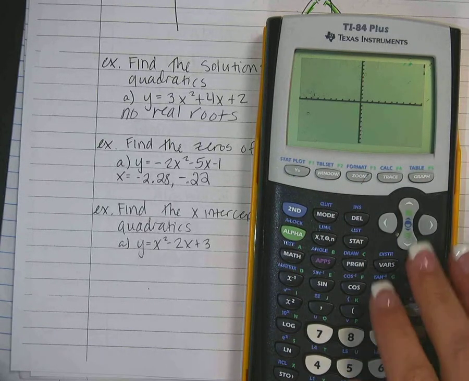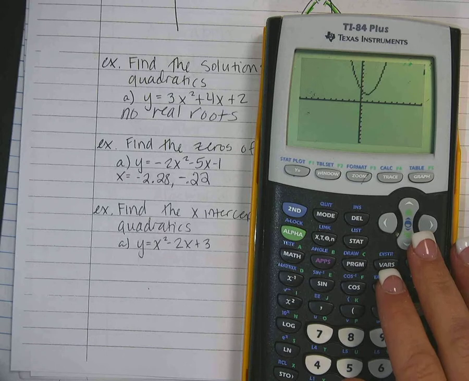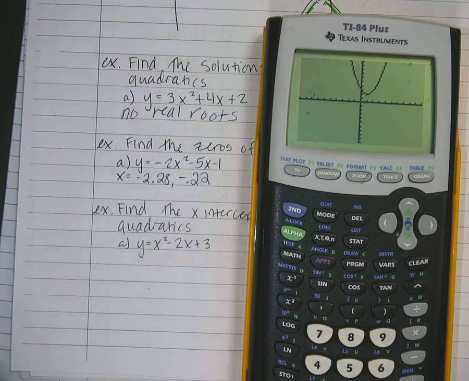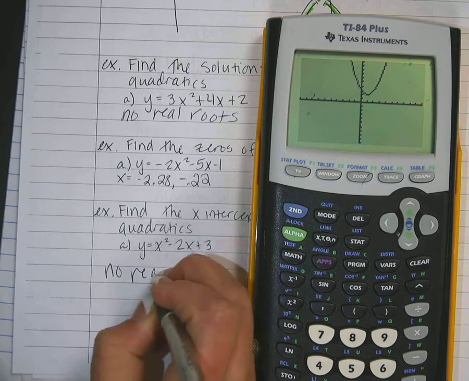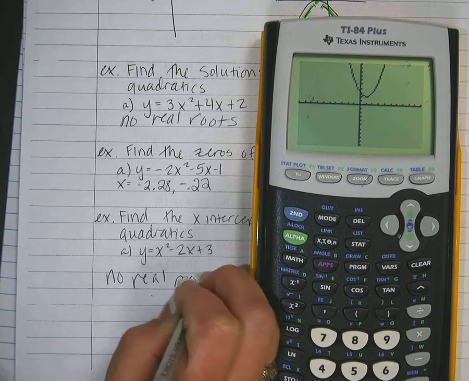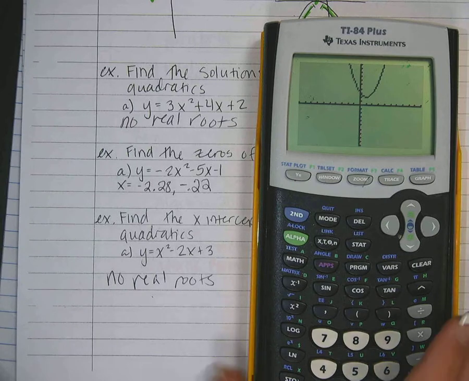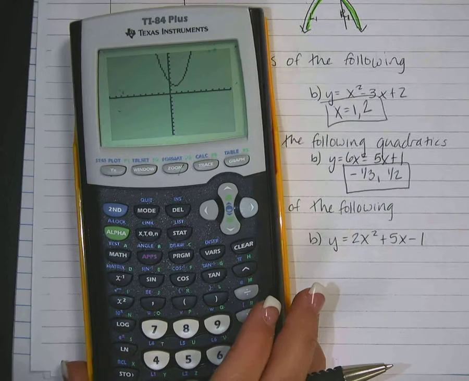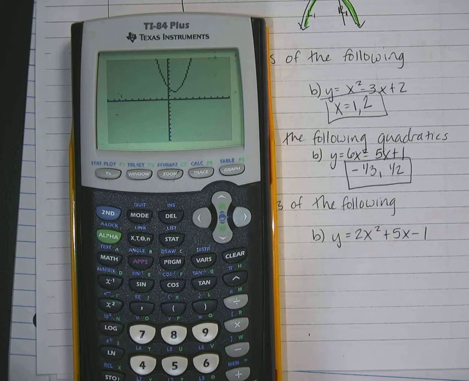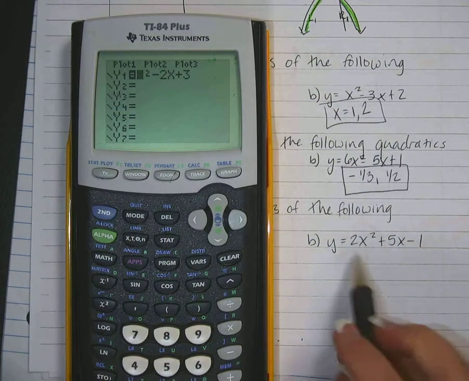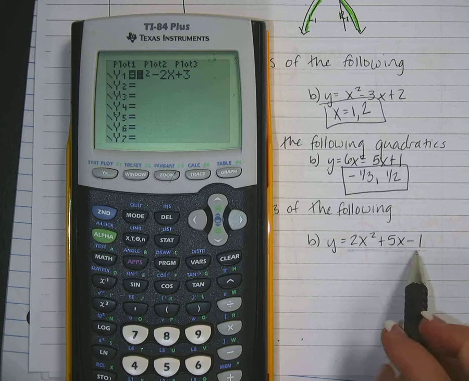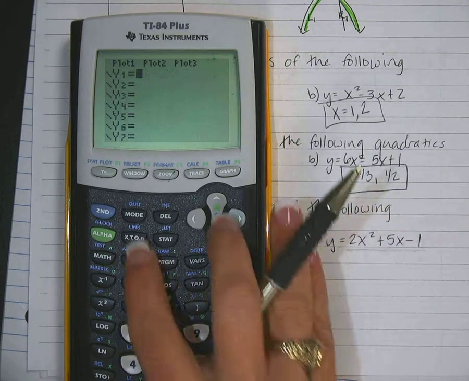First, take a look at your graph. That does not hit the x-axis, so this will be no real roots. So we get to move on to the next one. We love the ones like that. So go back to y equals, and put this function in, 2x squared plus 5x minus 1.